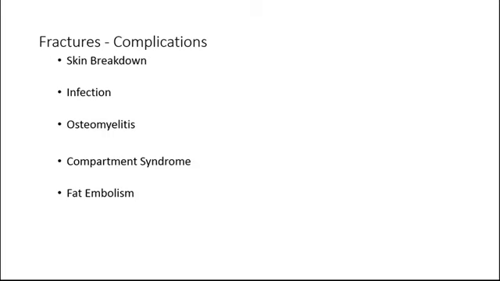With a compartment syndrome and a casted arm, remember that the cast provides a compartment that is not expandable. All right, so the pressure increases much more rapidly, and we need to take action to relieve that pressure by cutting the cast. Fat embolism is your very last complication here.